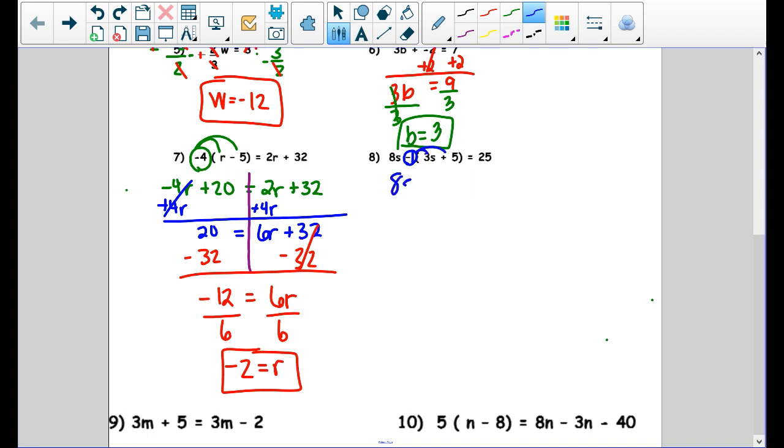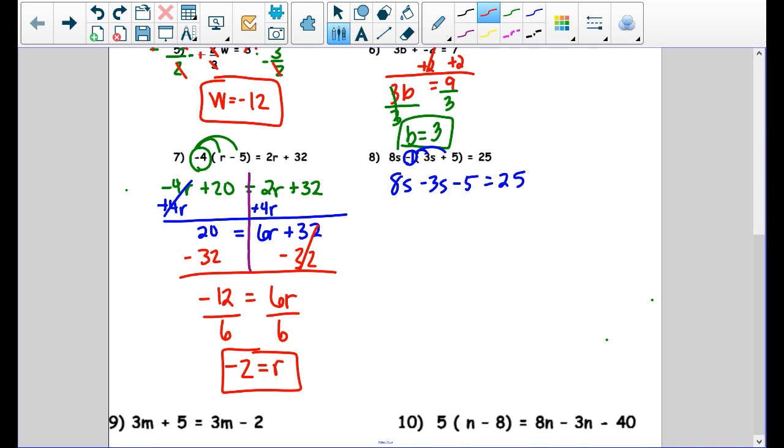So 8s minus 3s minus 5 is now 25. Now, is it plus? No, it's minus, because I'm distributing it. Negative 1 times positive is negative, negative times positive is negative. So change the sign of both of those, because again, I'm subtracting that whole parentheses. To get rid of those parentheses, we're going to distribute that negative in.